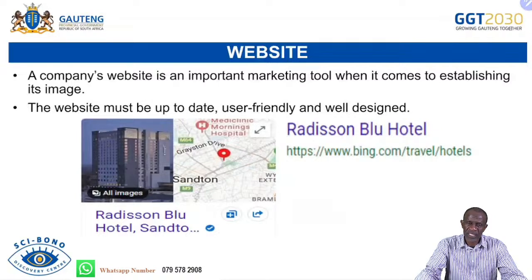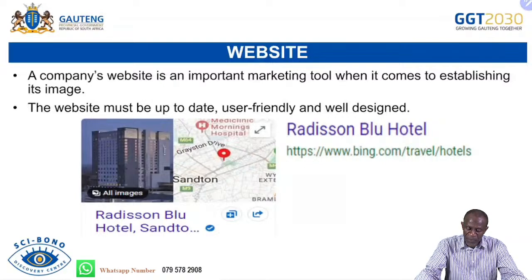That's where you give an explanation of who you are, what are your products, and at what price your products can be accessed. The website must be up to date, user-friendly, and well designed. These are the elements that should be taken into consideration when creating a website.